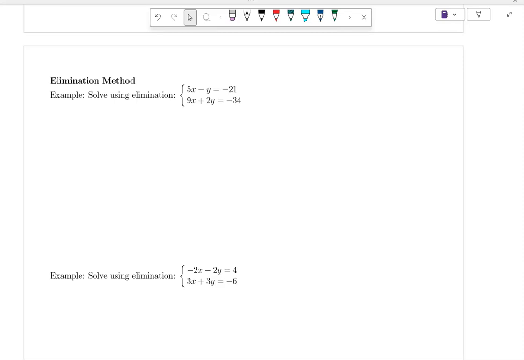Two is eliminate a variable. And then 3 is the same thing, back substitute. All right. So for this one, we're starting with number 1, adjust the coefficients.